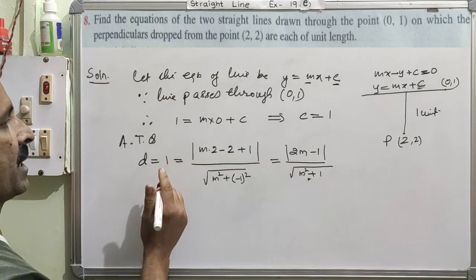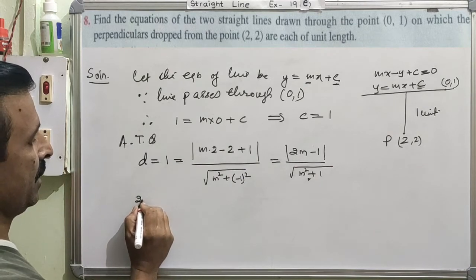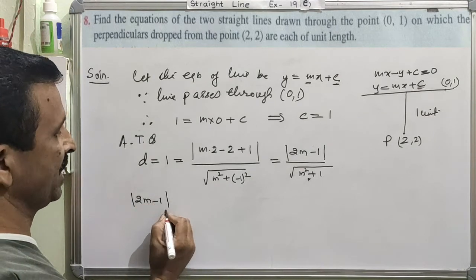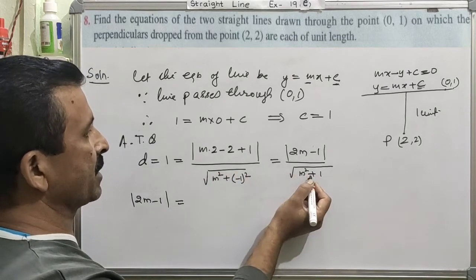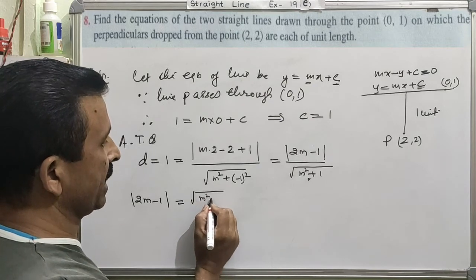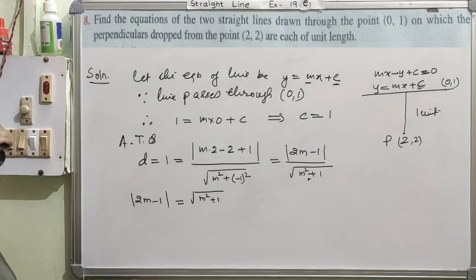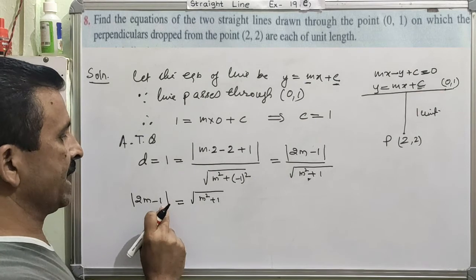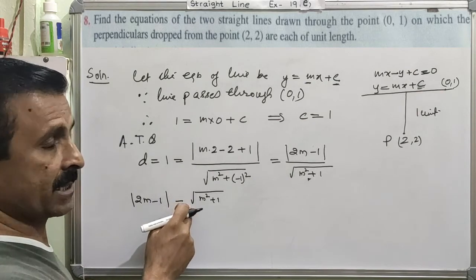Now let us do the cross multiplication first of all. Absolute value of 2m minus 1 is equal to root m square plus 1 into 1. So it is root m square plus 1. Is it okay? Now we are working to find the value of m. So in this case, when you remove this absolute value sign, you will again put plus and minus, isn't it?